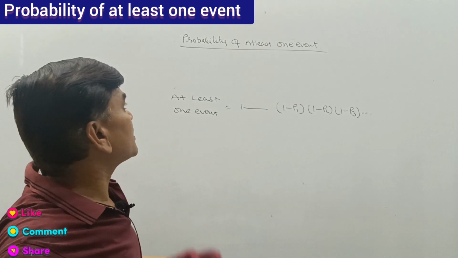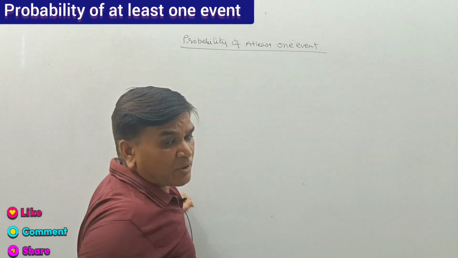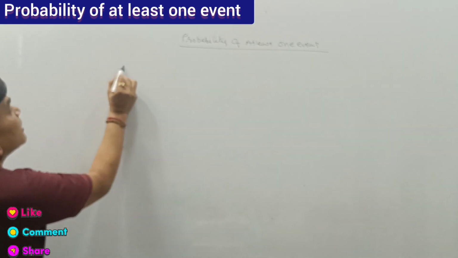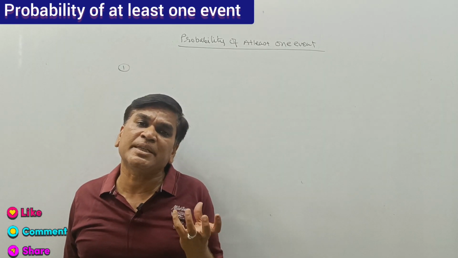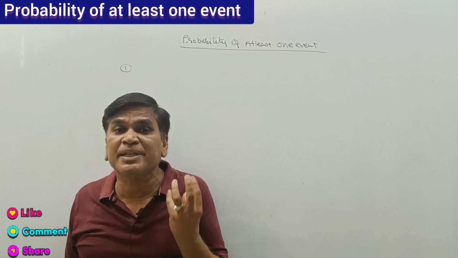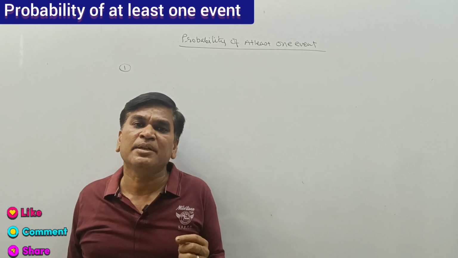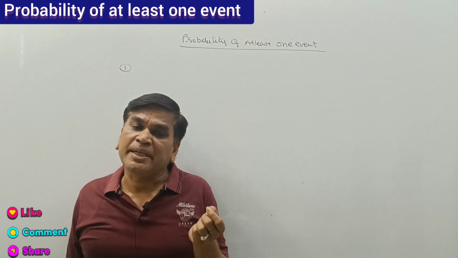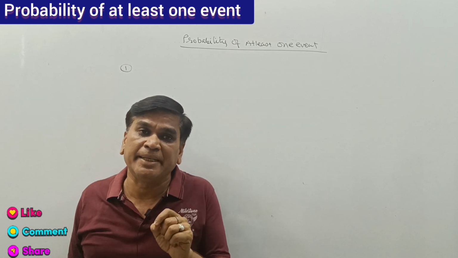We have some questions related to this. Suppose a coin is tossed two times. The very first question: a coin is tossed two times, what is the probability that there will be at least one head? Again I am repeating the question: a coin is tossed two times, get the probability of at least one head.